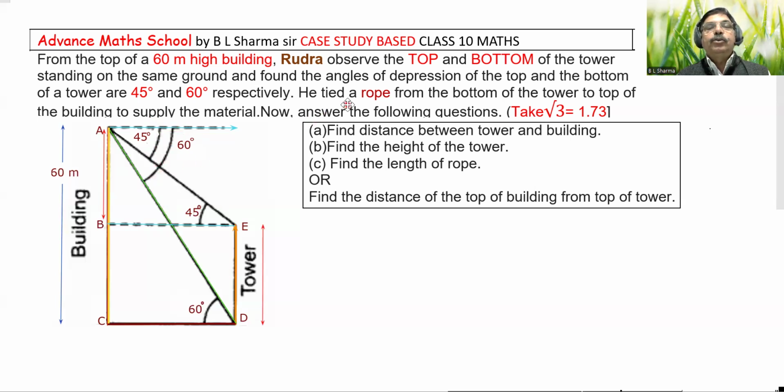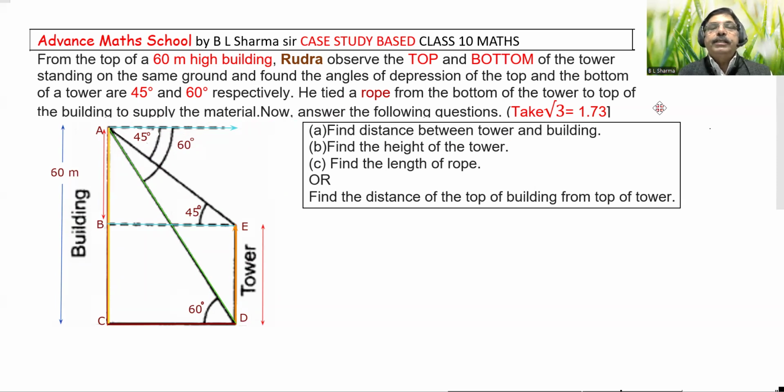He tied a rope from the top of the building to the foot of the tower to supply the material. Now answer the following questions. You are given a paragraph like this, and you have to answer some questions from it.